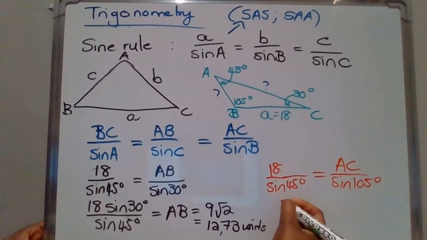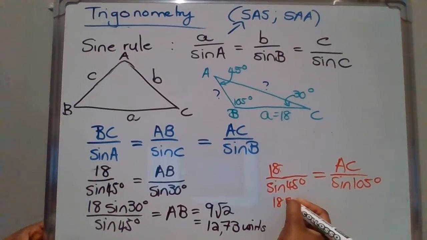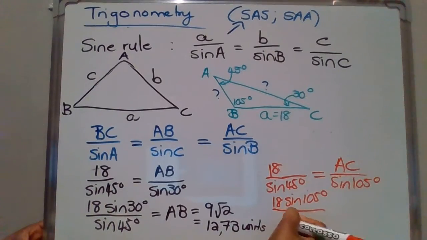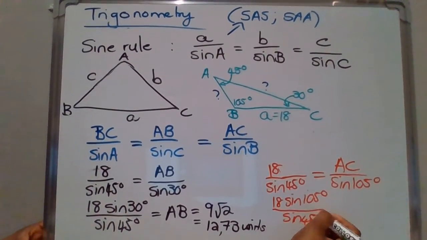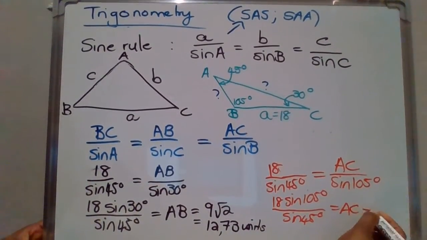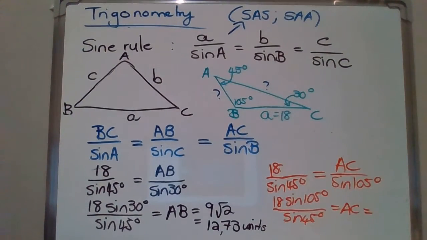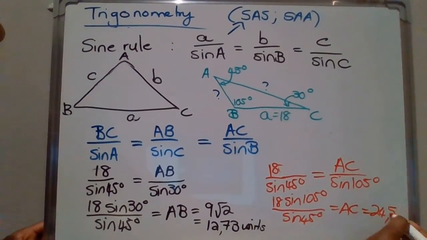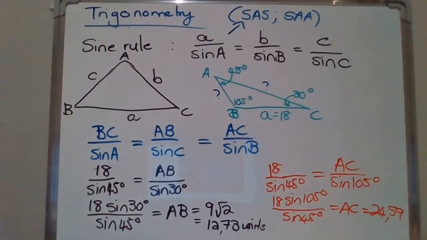So again here, AC is equal to 18 sine 105 degrees divided by sine 45 degrees. And what is that value equal to? So 18 sine 105 divided by sine 45, the decimal is 24,59 units.